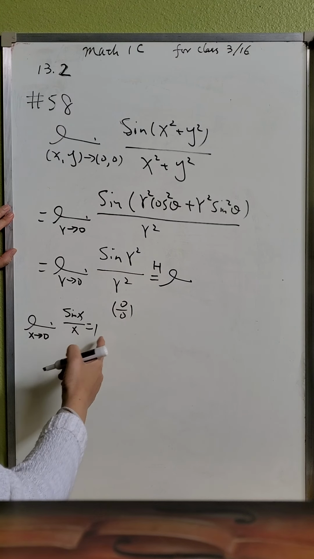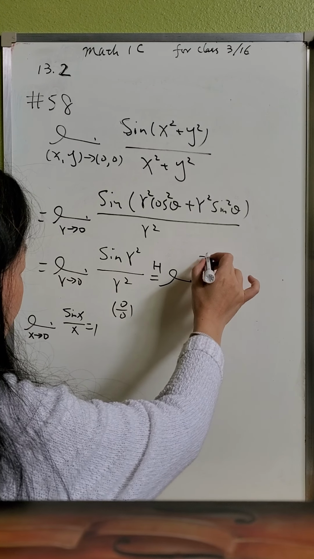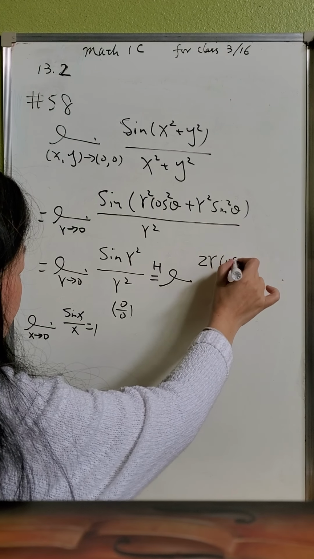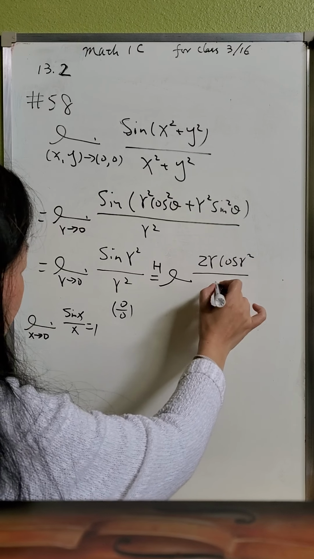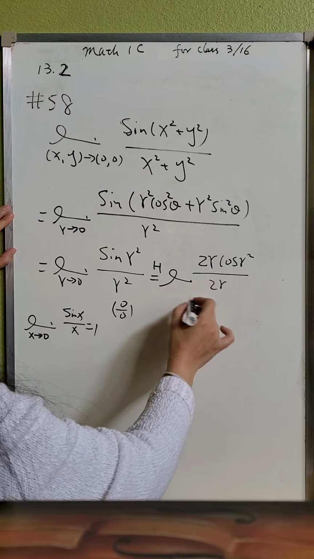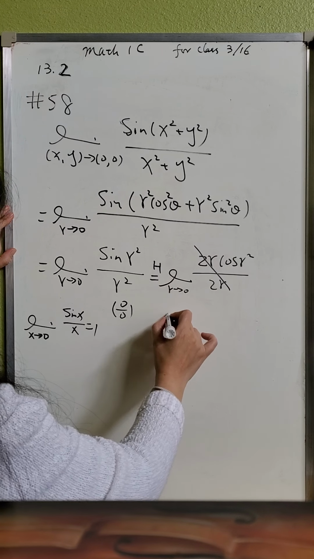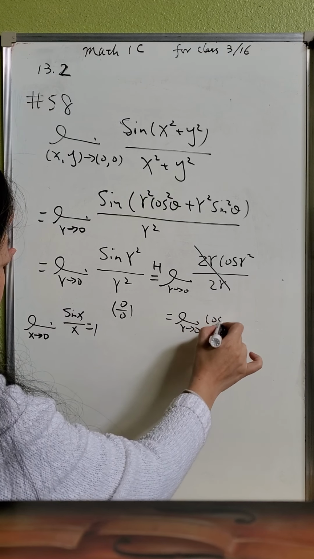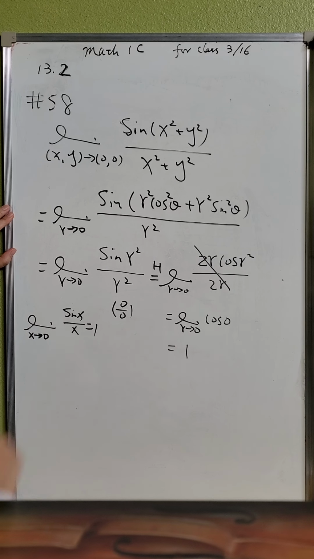If you use L'Hopital's rule, that's equal to 2r cosine r squared over 2r, right? So this r goes to 0, that reduces. So that's equal to the limit as r approaches 0 of cosine 0. So that's also equal to 1. So either way, you're going to get 1 as the answer. Okay, so that's basically for 13.2.